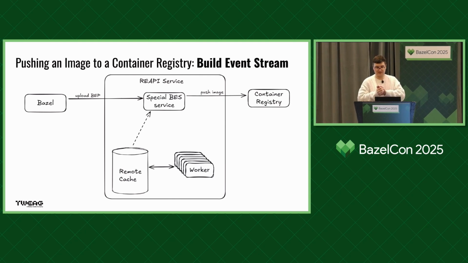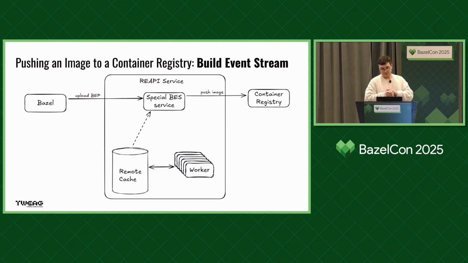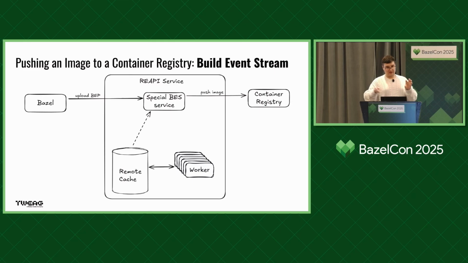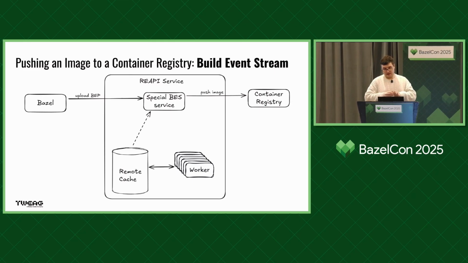And the build event stream is just basically some extra telemetry that Bazel creates during the build. And you can just point Bazel at this custom build event stream listener, and Bazel will tell this custom backend, hey, I just built this image, and this is where it should be pushed. It's just part of the target definition in the build file.